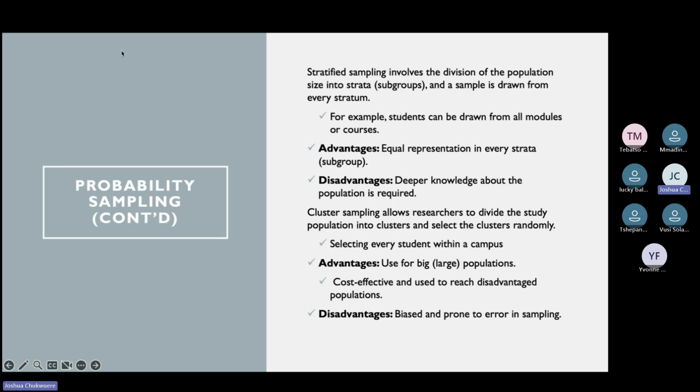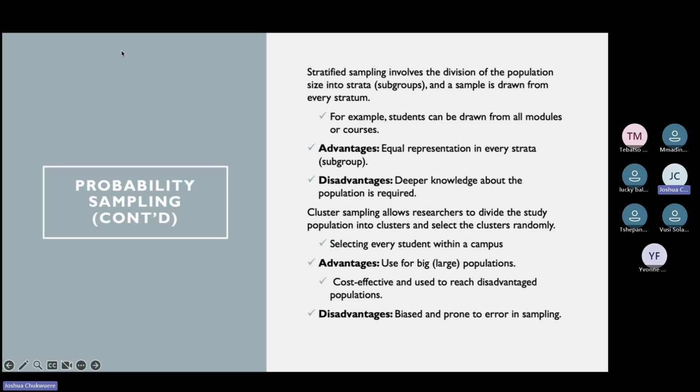Now it's okay, fine, I'm looking at students. Within these students, there are faculties, there are schools, there are departments, right? And even in this department, there are levels. You have undergrad, you have your postgrad. So what do you do in this stratified sampling?